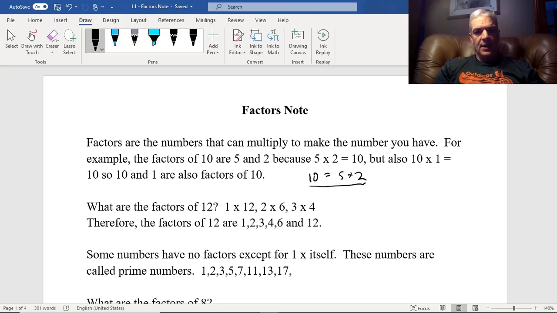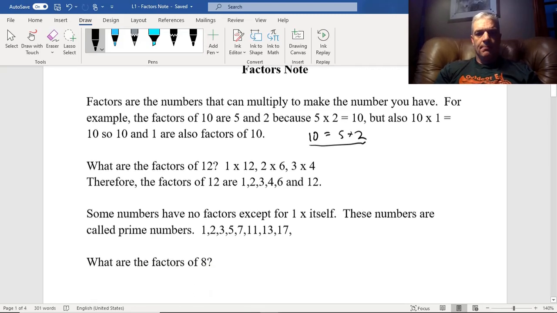All the prime numbers have just 1 times themselves. Then in this case, 2 times 6 and 3 times 4. Therefore, the factors of 12 are 1, 2, 3, 4, 6, and 12, if we list them in order from smallest to largest. And these are all numbers that will divide evenly into 12, and we call them the factors.